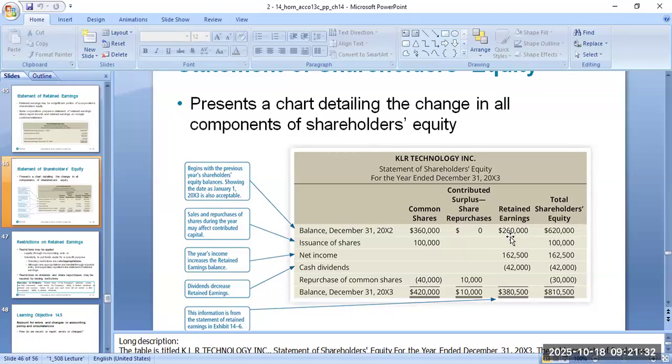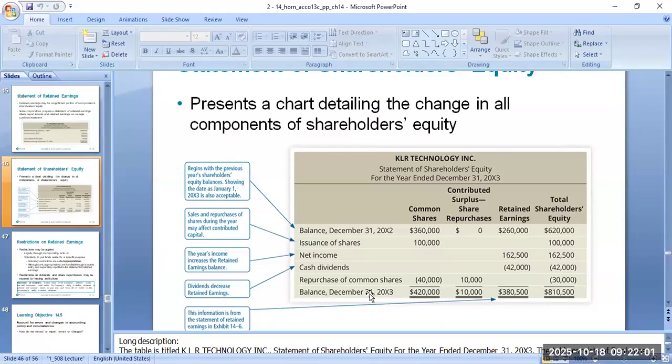Because of that, during the year the company generated net income and paid cash dividend. And when we repurchased the common shares, obviously in this case, we repurchased them below the average price of the shares based on our books. And that triggers the contributed surplus on the common shares.